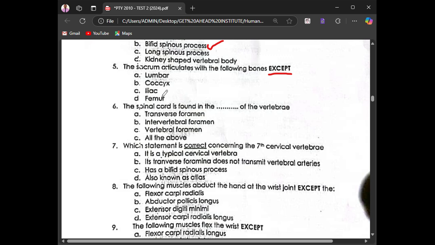Which bone here does not articulate with the sacrum? What is your option? A, lumbar, B, coccyx, C, iliac, D, femur. What option are we going with?